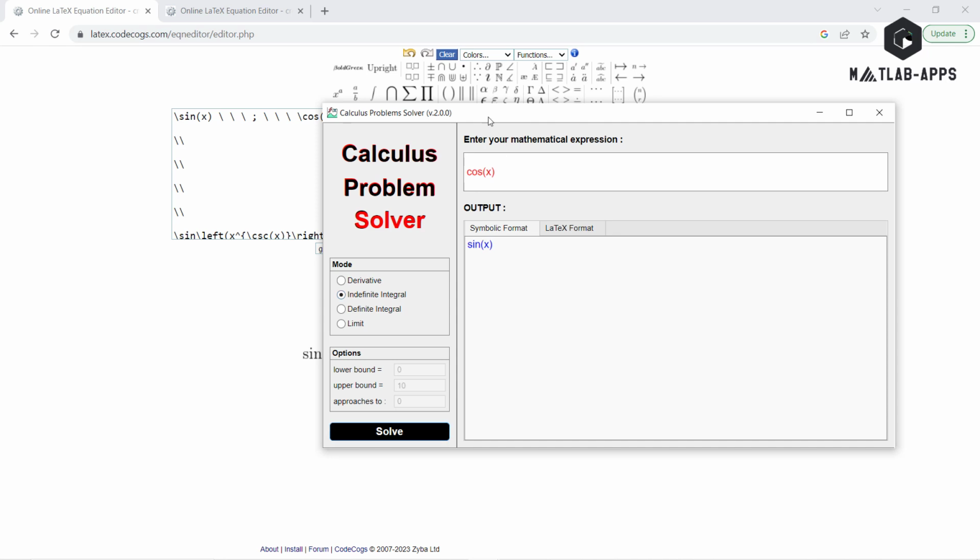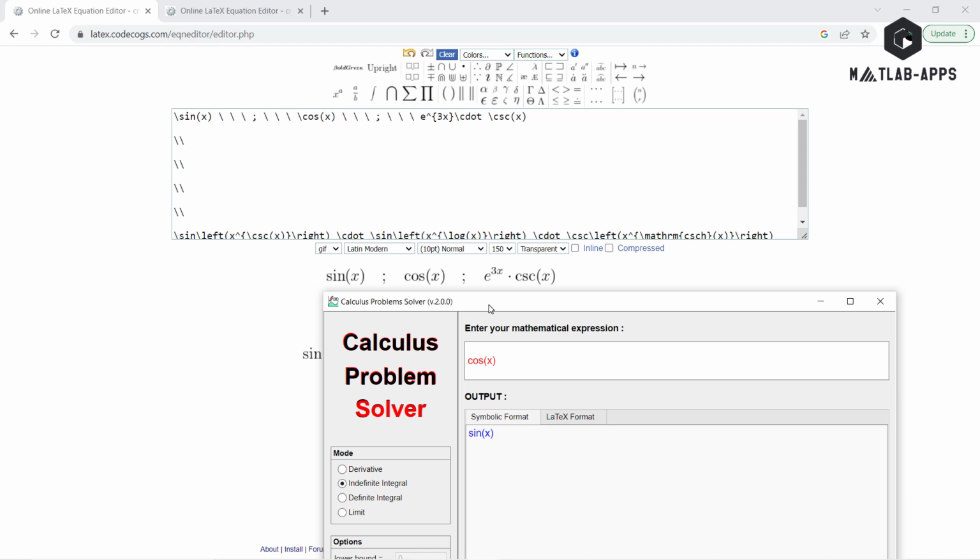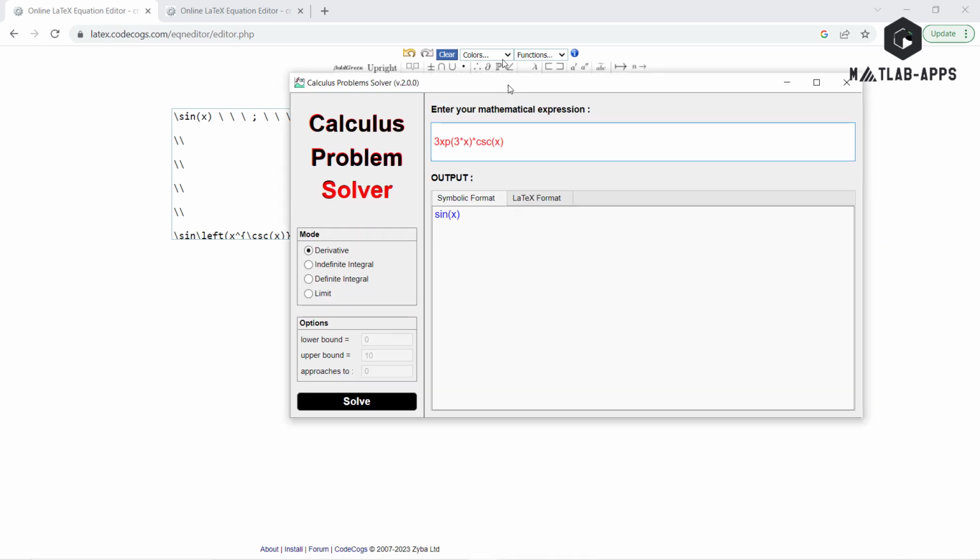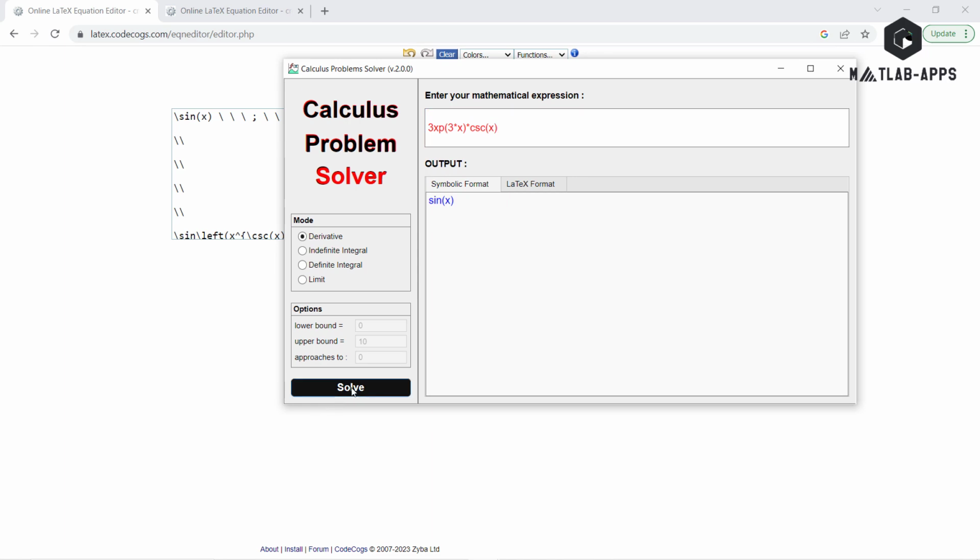Okay, now let's solve this one, for example. Let's go to derivatives and let's write this one. Exponential of 3 times x times cosecant x. And let's solve it. Yeah, this one, exponential.